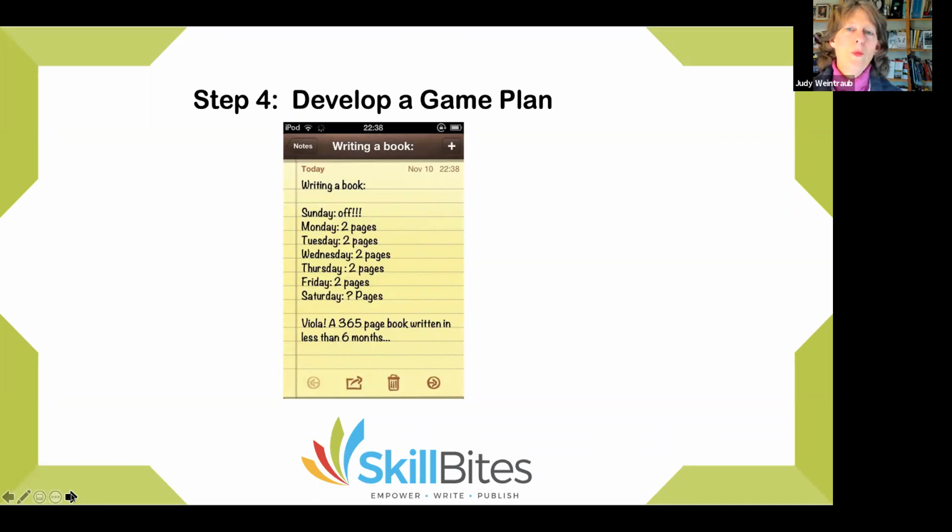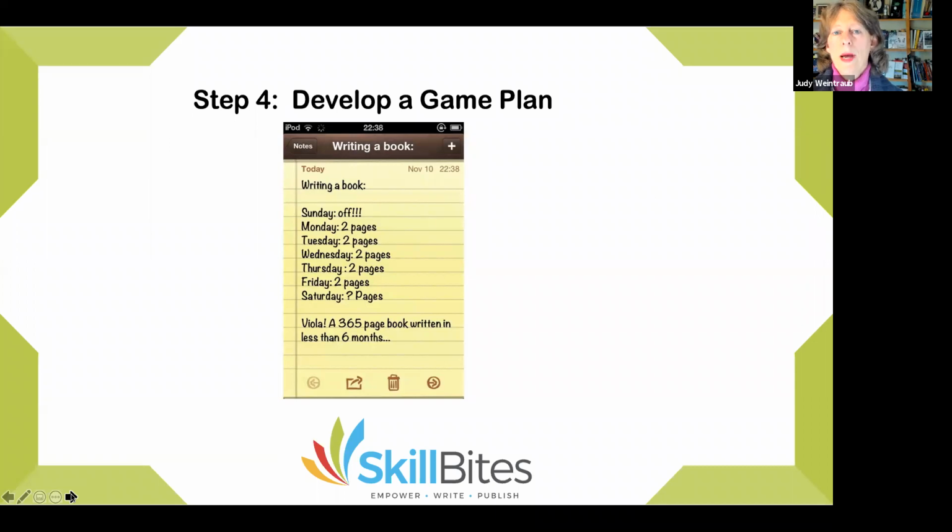You need to determine when you want to have your book done, and then you can work backwards to figure out what you have to do to get it done by that time. Let me give you an example. Let's suppose you want to write a 100-page book and you want to have it done in 6 months.